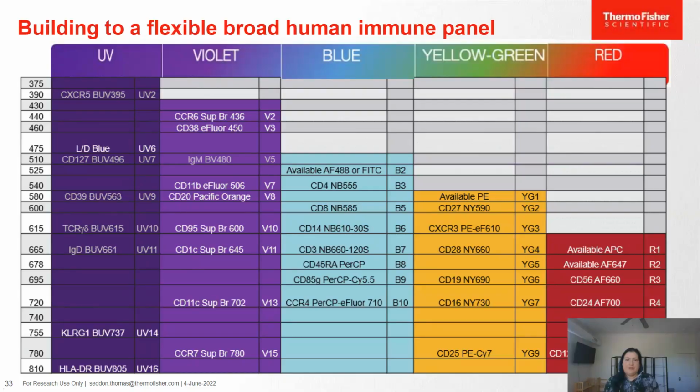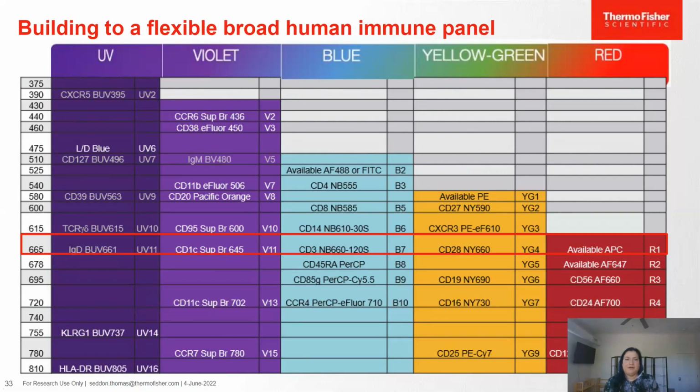And so here you can see this is a panel that I built out, and I put those available spots into the panel and had to then think about how the dyes perform, even if you have something in there as a placeholder.